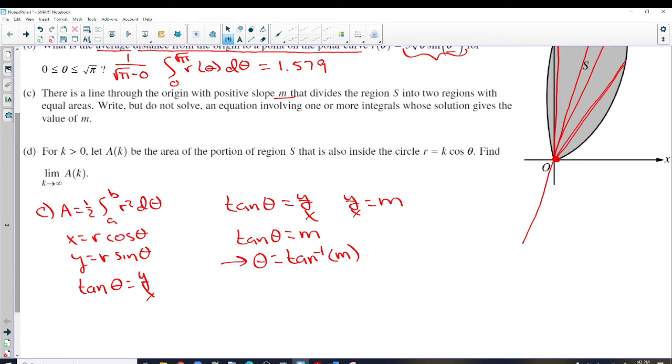Now we got to use that. Now we're going 1/2 integral from 0 to inverse tangent of m of r(θ) squared dθ.